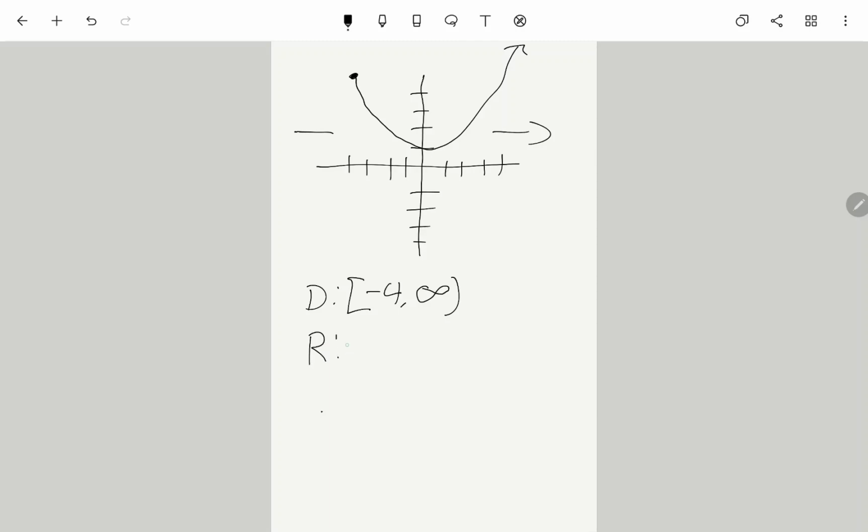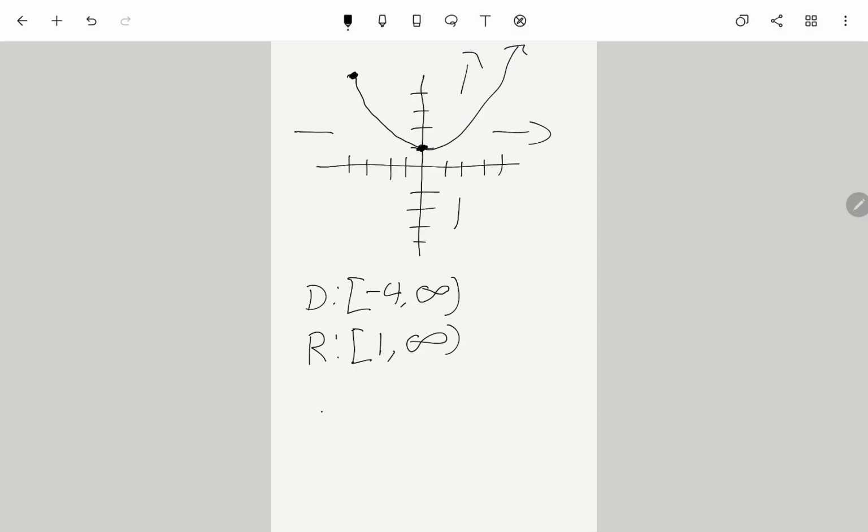Range goes down to up. So this is your first point, the lowest. So it's bracket 1 comma infinity. No matter if you have this point, it may be the highest point. So your highest point is infinity.